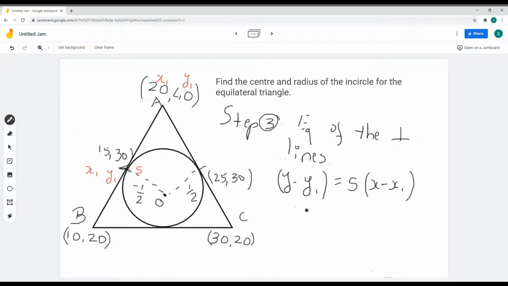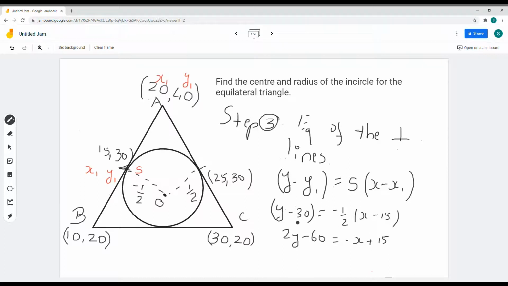So I'm going to come here, write this as y minus 30 equals -1/2 x minus 15. I'm going to simplify this. I'm going to get 2y minus 60 equals -x plus 15.